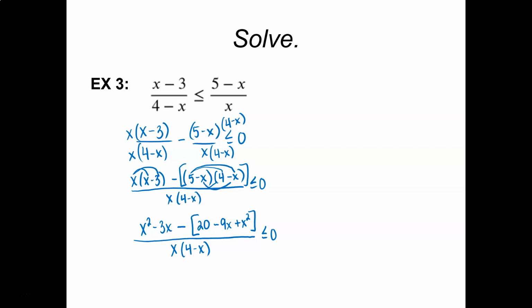And now I need to make sure I distribute that negative to these. So it's going to give me x squared minus 3x minus 20 plus 9x minus x squared.